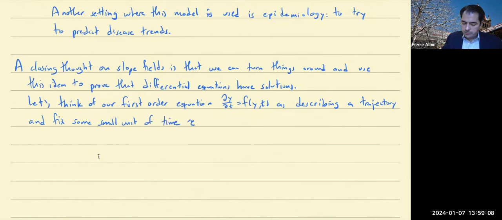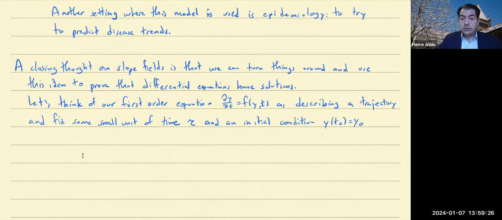Call it tau. And an initial condition, right? Let's say that y of t naught is equal to y naught.